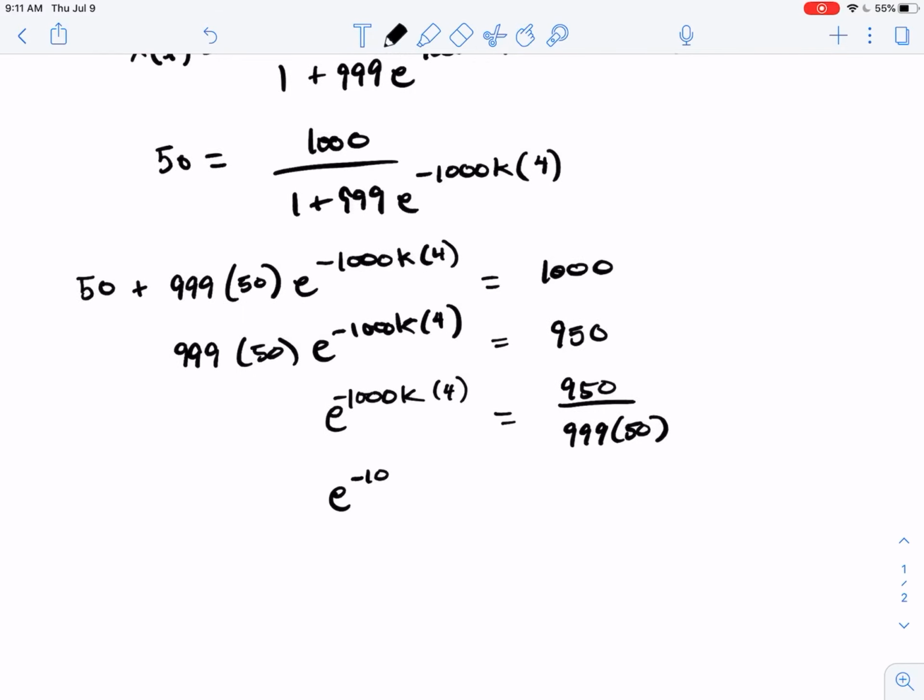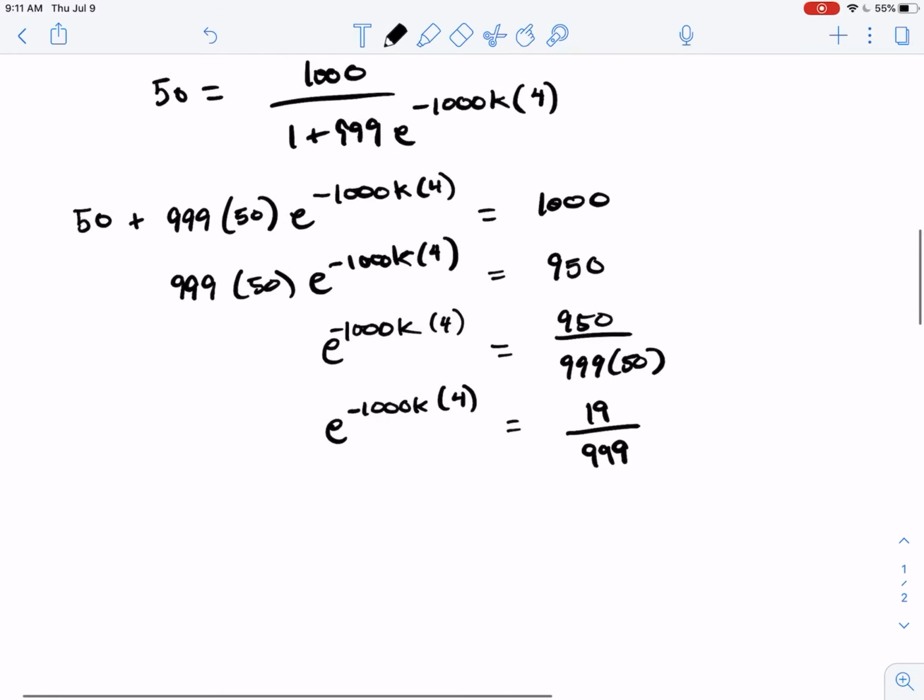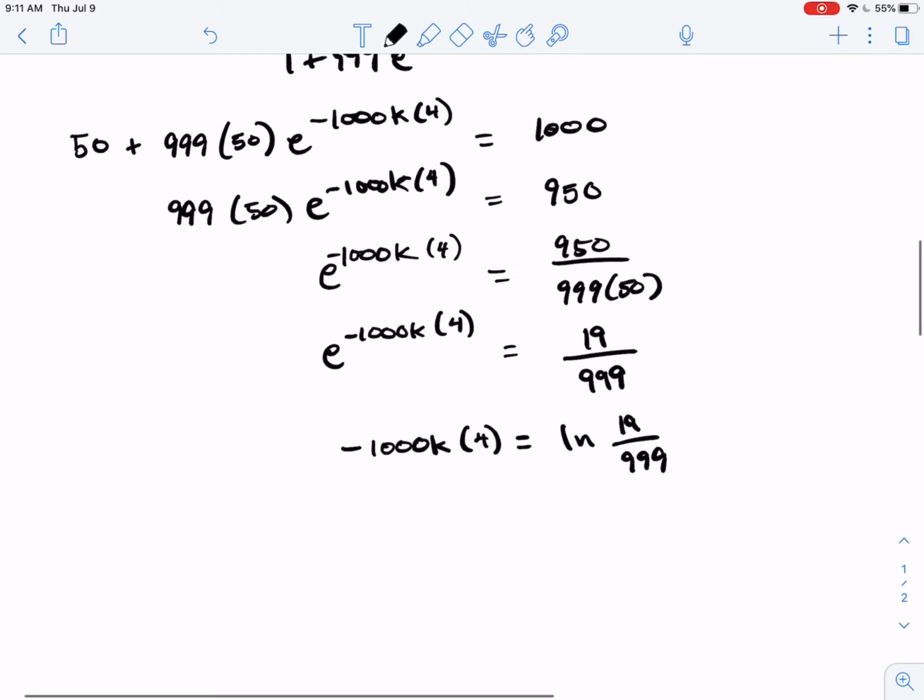And e to the negative 1,000 k times 4 equals, this will be 19 over 999, if you simplify. And what we could do now is do ln to both sides. And if you notice, I still haven't multiplied by 4, even though you can. And now I want to divide both sides by 4.